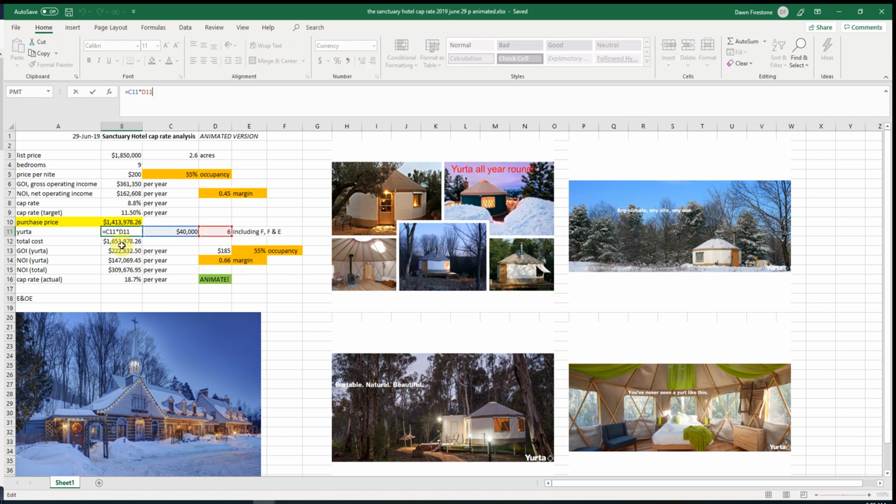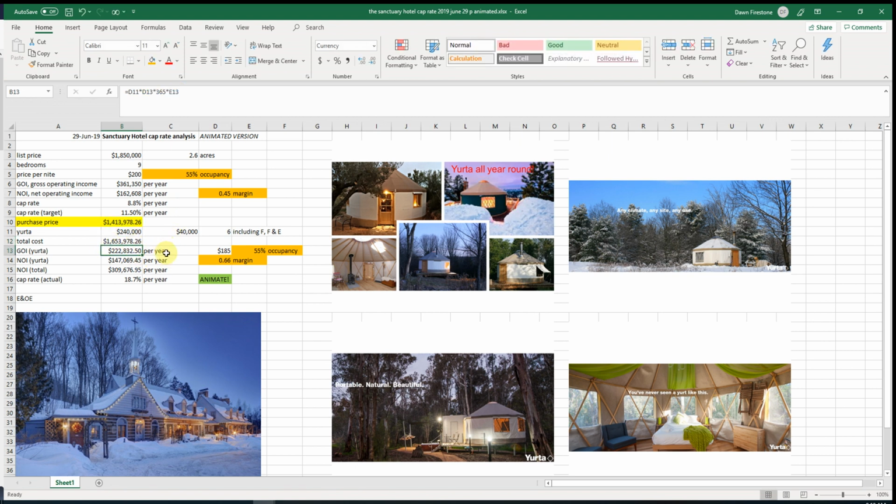Hit enter again, you get 240,000. Now your total cost for your hotel with the glamping option is the total of these 2 numbers here, right? Okay, so that's what you get. So you get $1.6 million, which you'll see again when I highlight it. It's just the sum of those 2, 1.654 million.